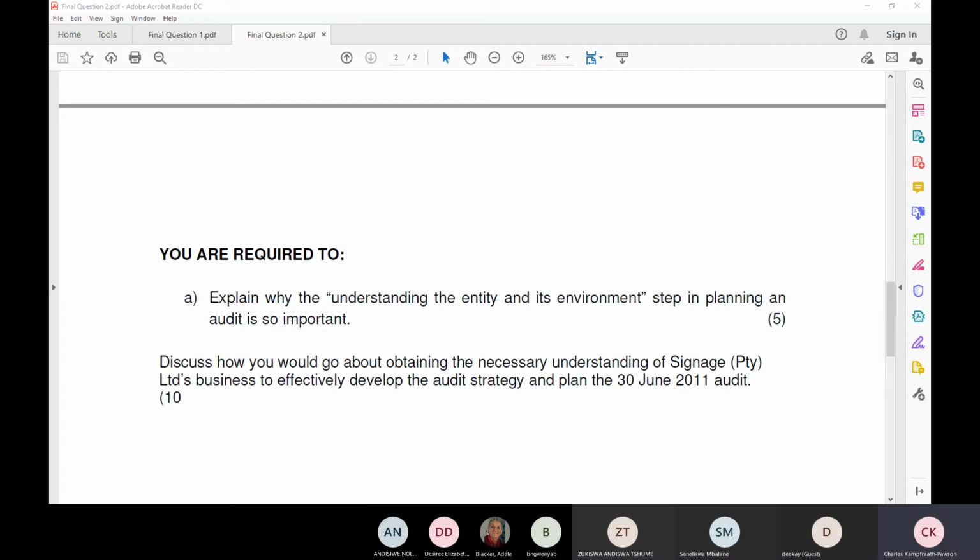We must understand what accounting policies will be applicable to this client, because at the end of the day we are auditing the financial statements, and the business that the client conducts will attract certain specific accounting policies. We need to apply those policies and make sure they have been correctly applied.